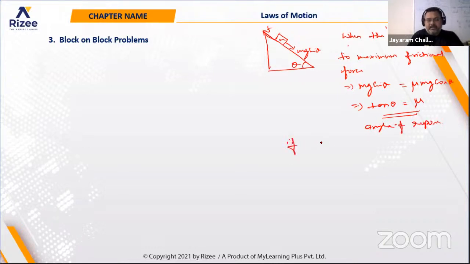If the body slides down, then acceleration a can be written as g into sine theta minus mu k cos theta, since it is coming down.